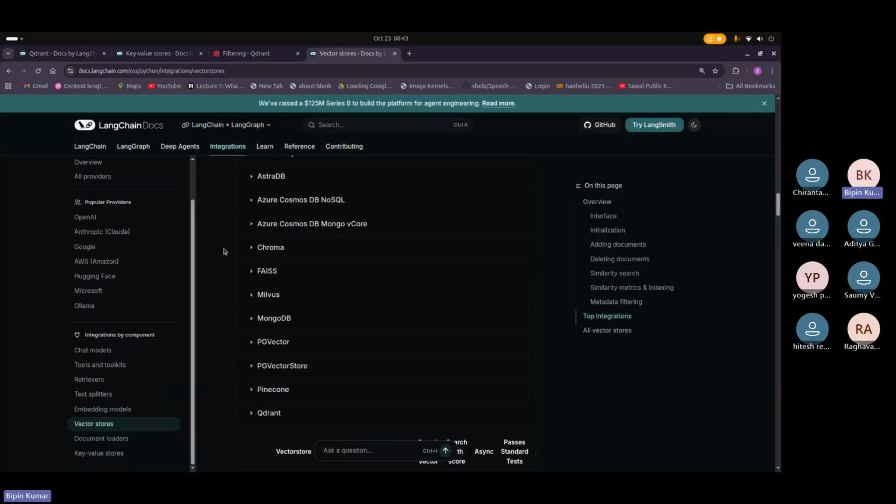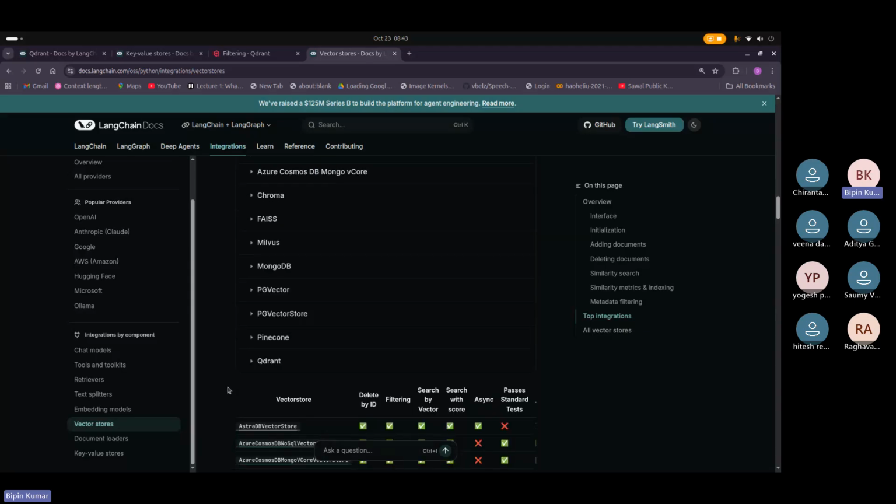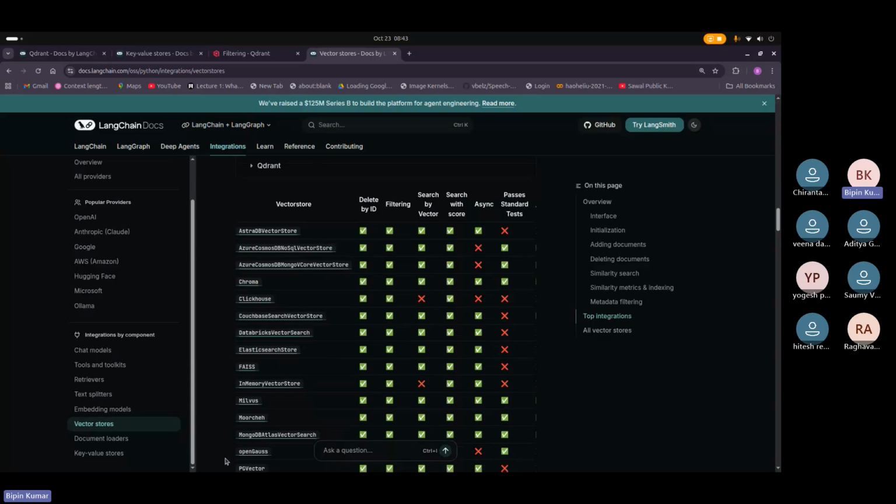The best answer is that you have used AWS, and in AWS you used the embedding model, the LLM model, and the vector DB also. In AWS as well, a vector DB is there, so we will use that.